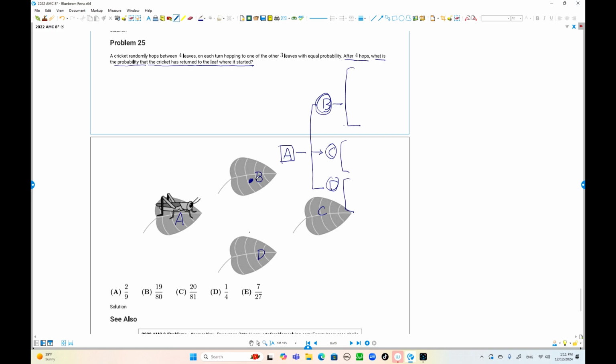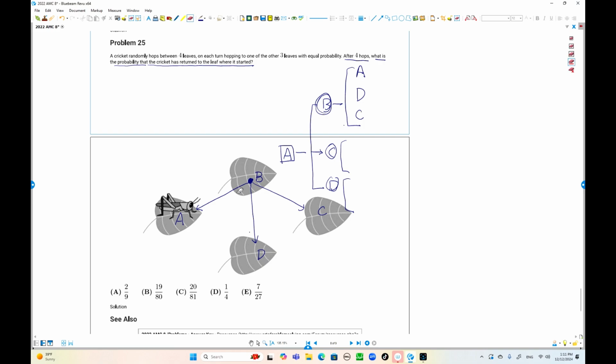When you are over here, we start over here, right? Okay. When you are over here, what are the other possibilities? B can go here, A again, right? And the next is D. The next one is C, right? That's 2 hops.